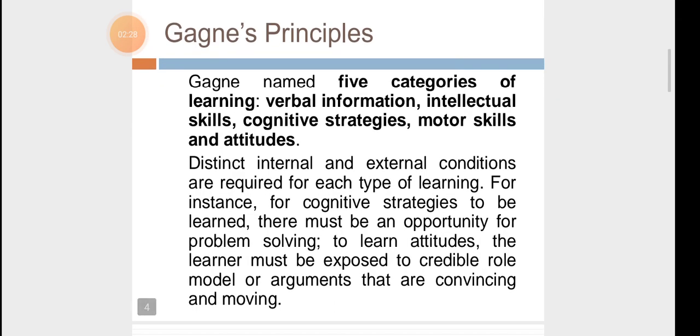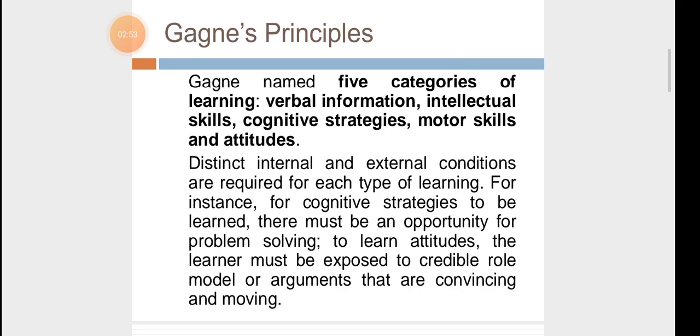Distinct internal and external conditions are required for each type of learning. For instance, for cognitive strategies to be learned, there must be an opportunity for problem solving. Yes, in school, especially in math, the student should develop their skill in problem solving.